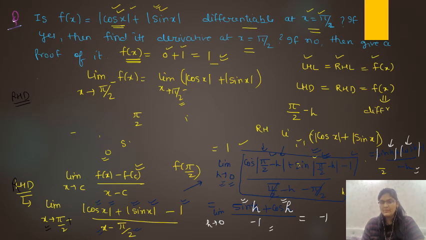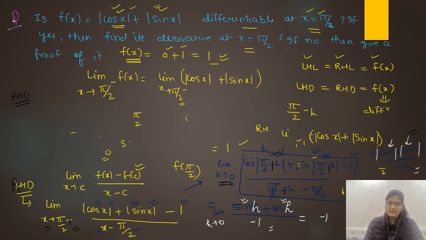It's just that when you put h tends to 0 here, it will be pi by 2 plus h, because the limit is pi by 2 plus for the right hand. So what you have got is cos 90 plus theta is minus cos theta, but because it is in modulus form, it will become plus cos theta, right?